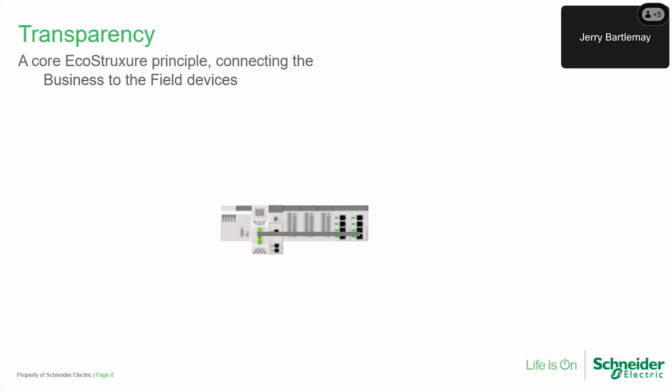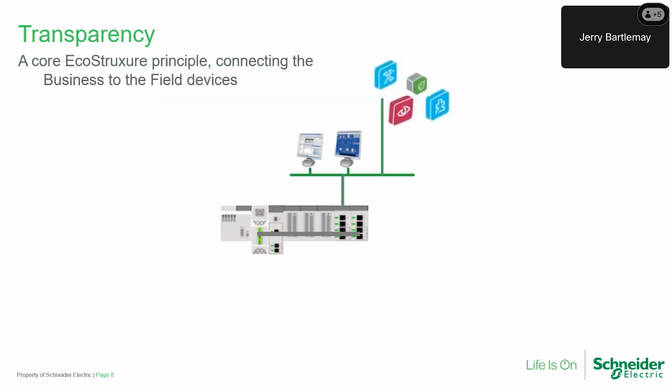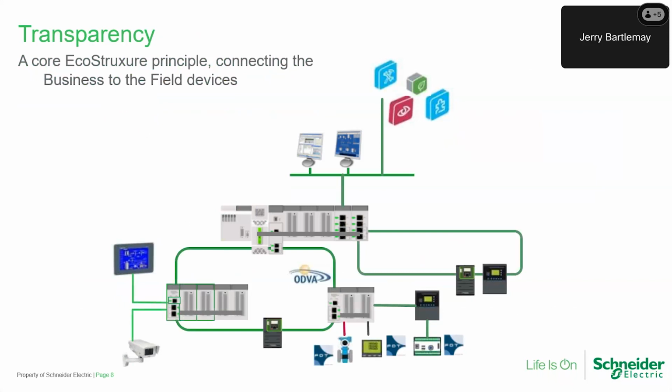So that brings us now to the discussion about transparency. Transparency is a primary philosophy of EcoStruxure. It makes it possible for data from the business side of the network, or even from, say, an asset management system or a web browser sitting on the plant network, to get down to the field devices directly. Now, historically, those messages had to come through from the plant network.